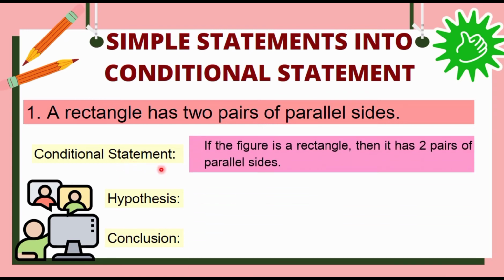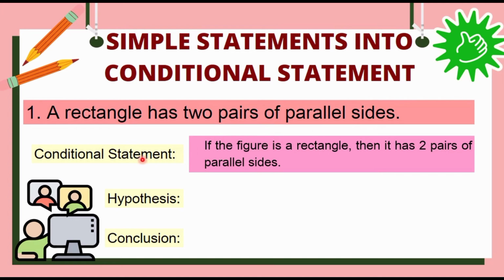The conditional statement is: if the figure is a rectangle, then it has 2 pairs of parallel sides. Tama naman. Kapag ang inyong figure ay rectangle, meron kayong dalawang pares ng parallel sides, kasi ang sabi sa ating simple statement, a rectangle has 2 pairs of parallel sides.